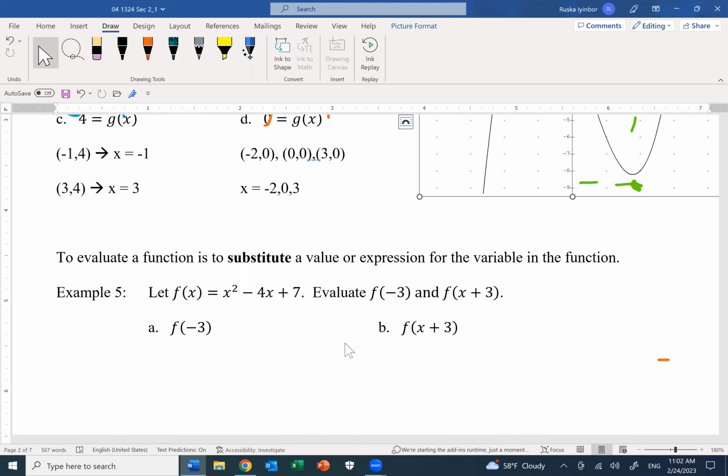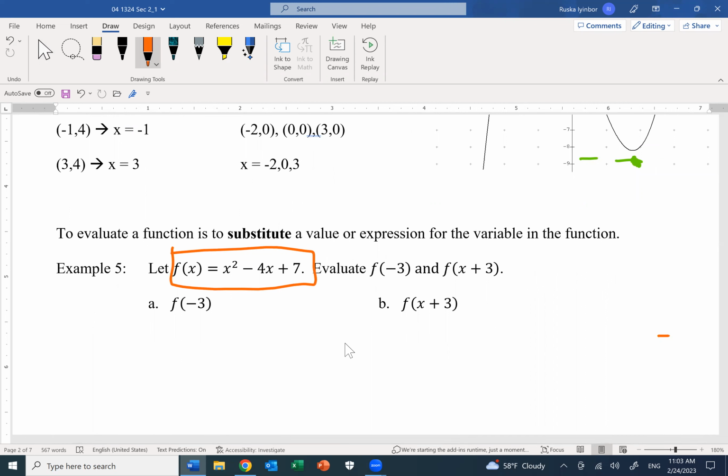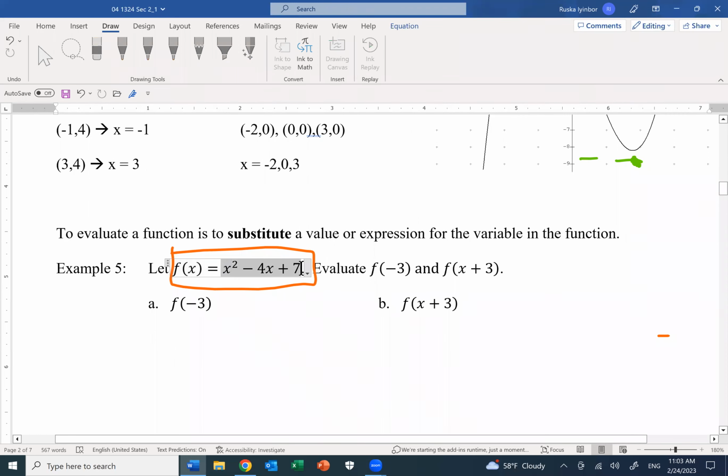So this is the example where they give me the function f of x. f of x is just notation that tells me I have a function, and f of x represents the y. So instead of f of x, you can just look at this like y equals. So f of x is given as x squared minus 4x plus 7. This is given. And we need to find, for part a, the first one: what is f of -3?